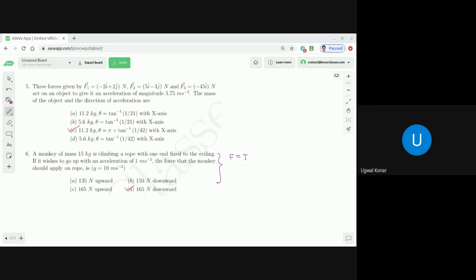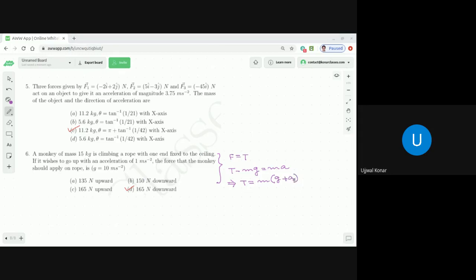So now, finally, what we can say, T minus mg is equal to ma. T minus m into g is equal to m into a. So that means T is equal to m into (g plus a).